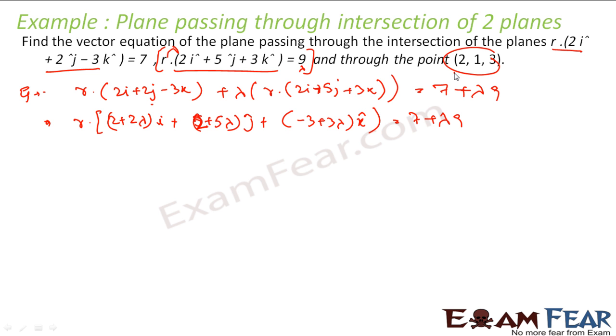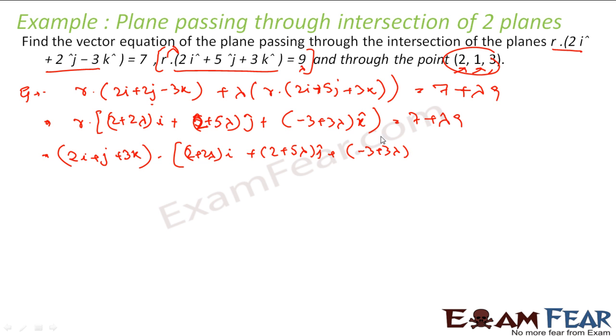Correct? We are told that one point is 2, 1, 3, that is r is 2i plus j plus 3k cap. So this dot this, that is (2 plus 2 lambda) i, (2 plus 5 lambda) j cap, (minus 3 plus 3 lambda) k cap is equal to 7 plus 9 lambda.